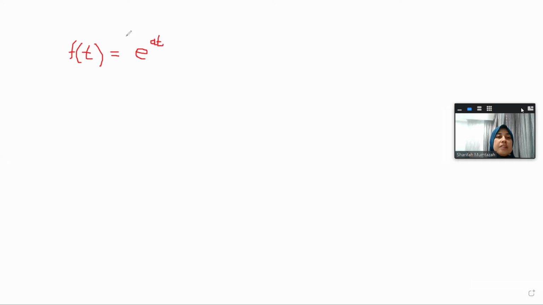f(t) is exponential to the power of at. Okay, good. Get me the Laplace transform.